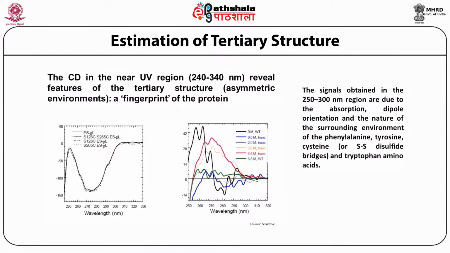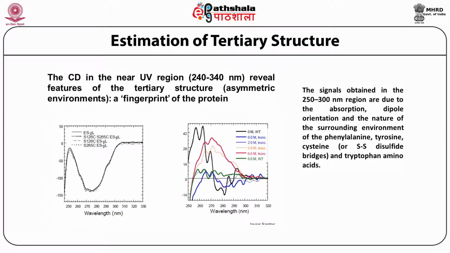We now discuss how CD is used for the estimation of tertiary structure. CD in the near UV region, from 240 to 340 nanometer, reveals the features of tertiary structure, that is, the asymmetric component or fingerprint of the protein.